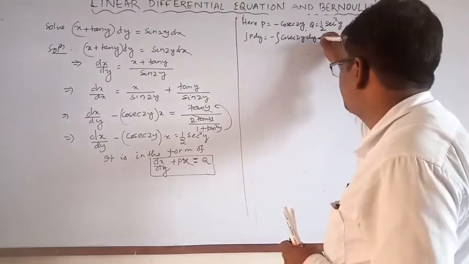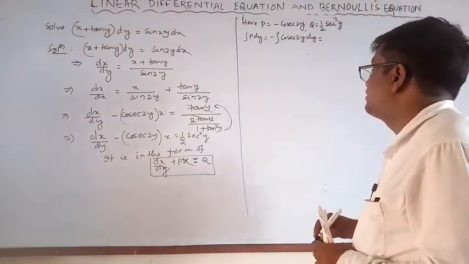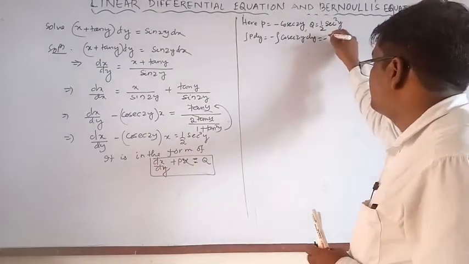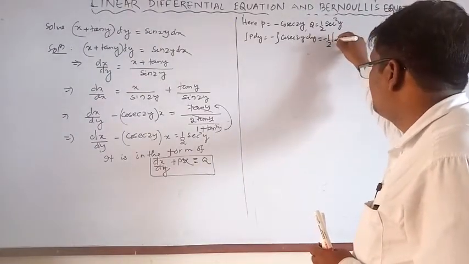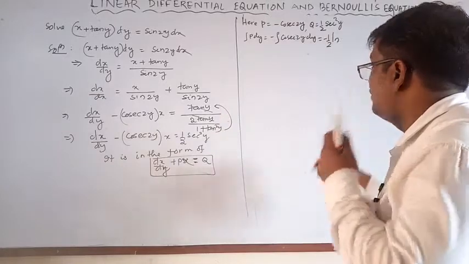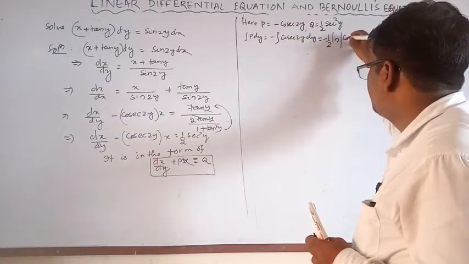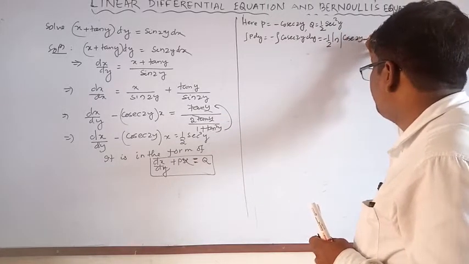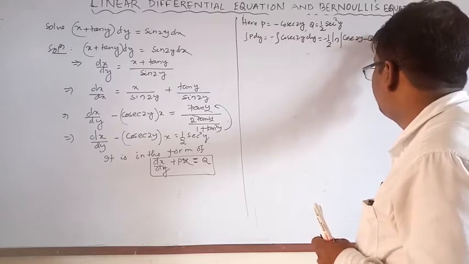So this is equal to minus 1 by 2 into log of cosec 2y minus cot 2y.